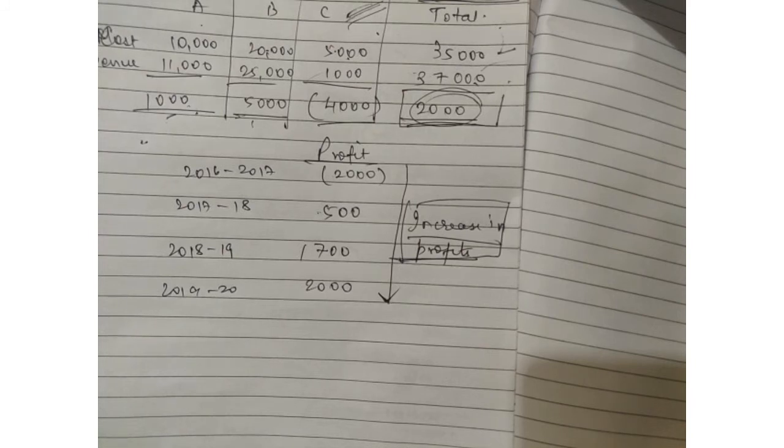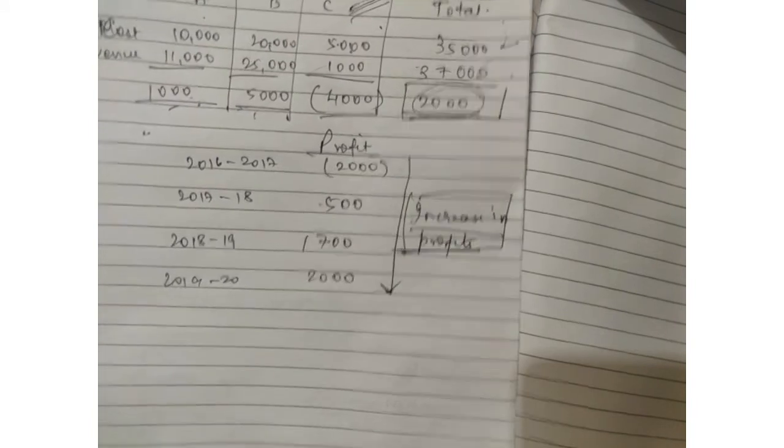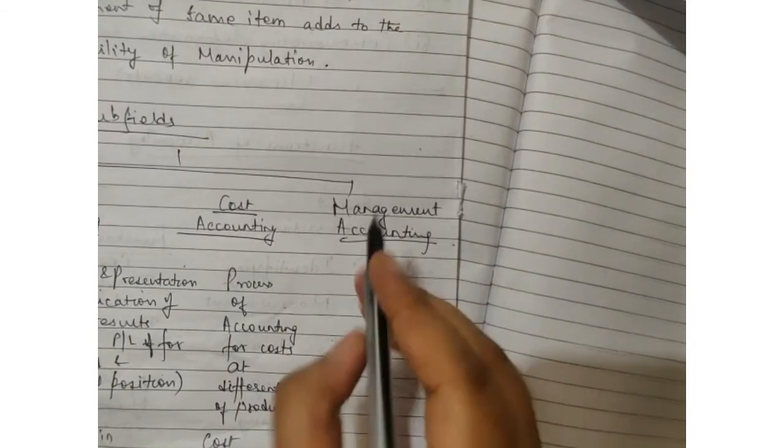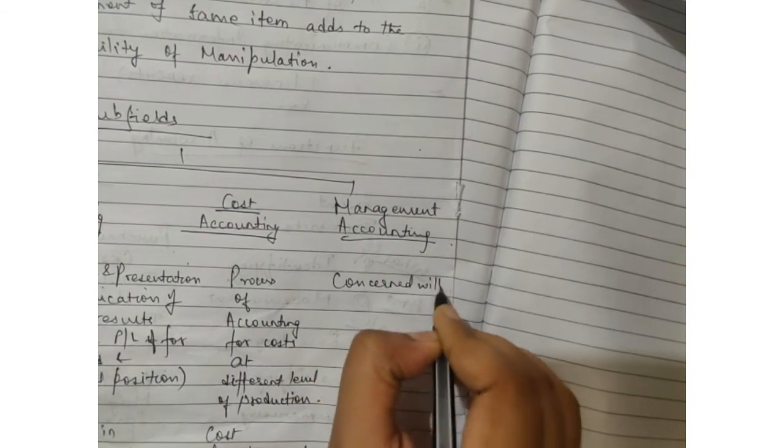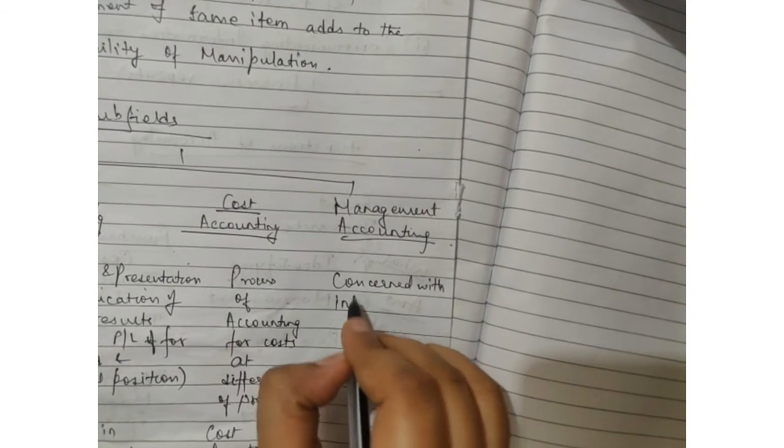We look at information from different views. We compare it with other companies, with the previous years, with other industries, etc., to determine whether our processes are correct or not, where we can improve our process, and what our competitors are doing that we are not doing. So, management reporting is concerned with internal reporting to the management.